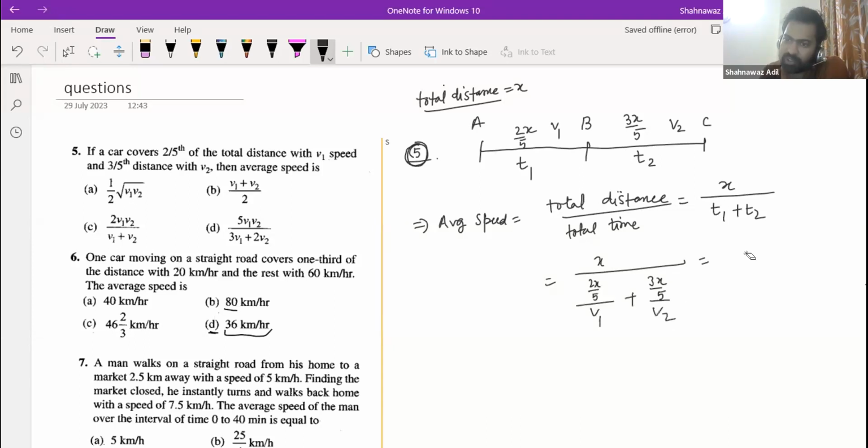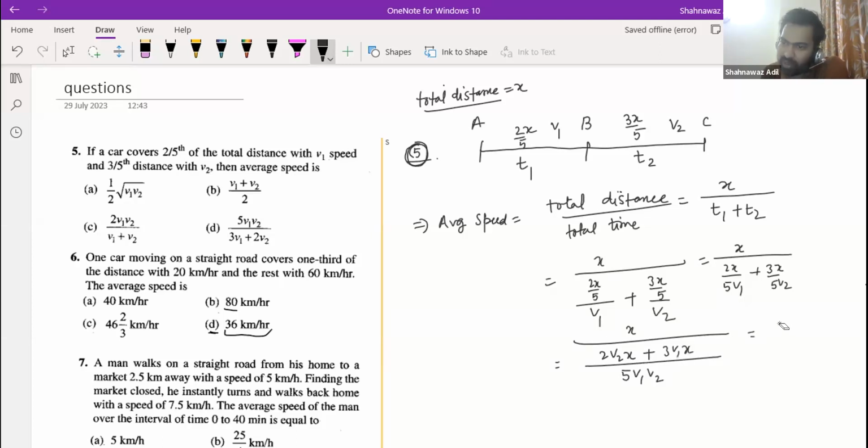So how much is this thing? So this is 2x by 5 v1, and then this is 3x by 5 v2. So LCM is 5 v1 v2. And this is x by. So 5 v1 cancels, and this is 2 v2 x. And then 5 v2 cancels, and we have 3 v1 x.